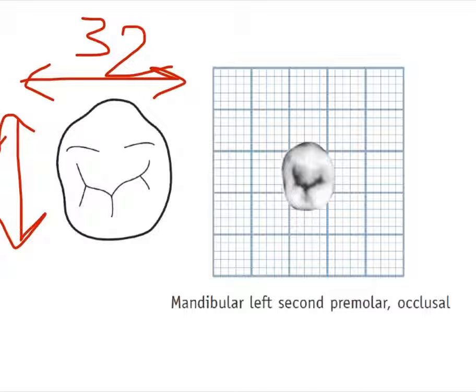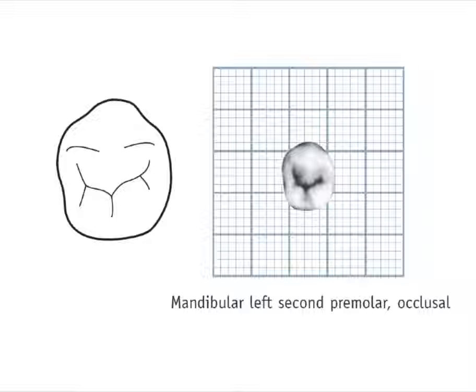The buccolingual and the mesiodistal dimension are equal, and they measure 32 millimeters, making a shape of a square shape. You can see mostly that this occlusal aspect has very well formed ridges around the cusps.